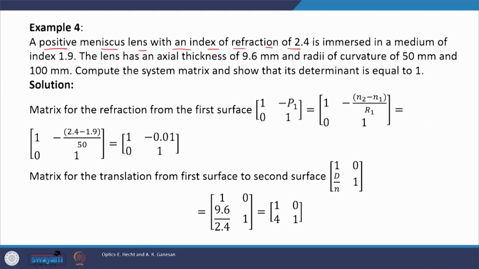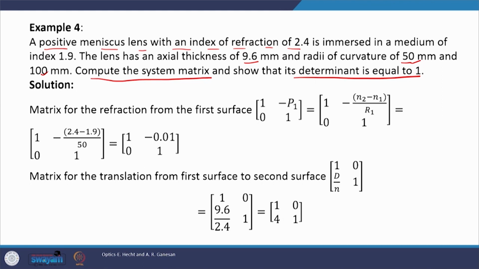The lens has an axial thickness of 9.6 millimeter and radii of curvature of 50 millimeter for one surface and 100 millimeter for the other surface. Now, it is being asked to compute the system matrix and show that its determinant is equal to 1.